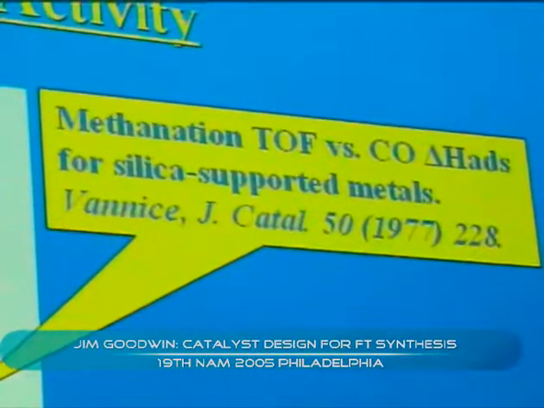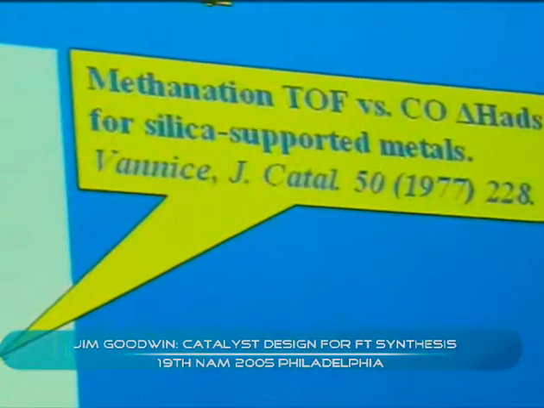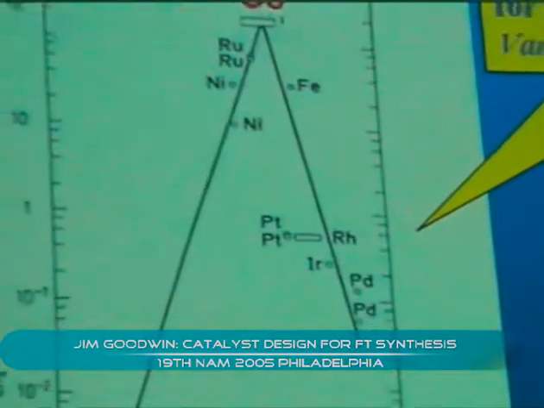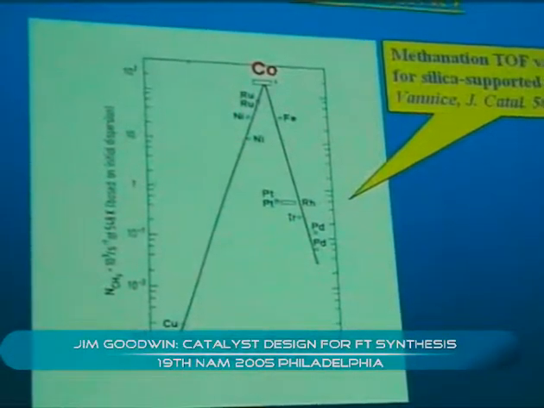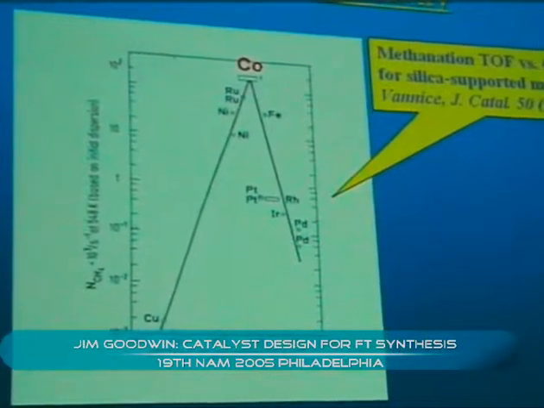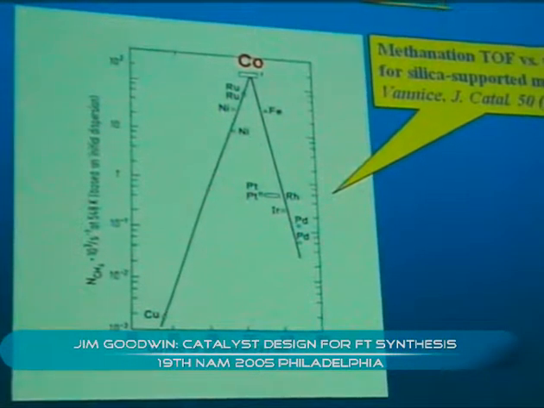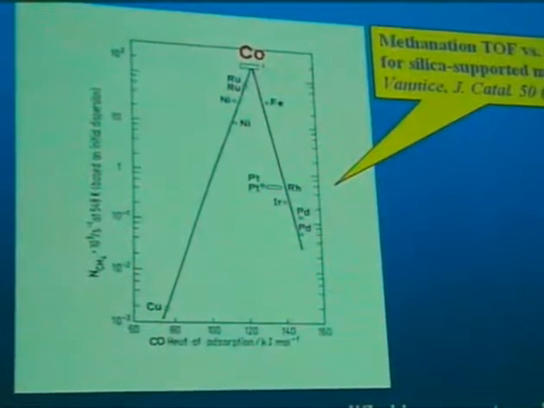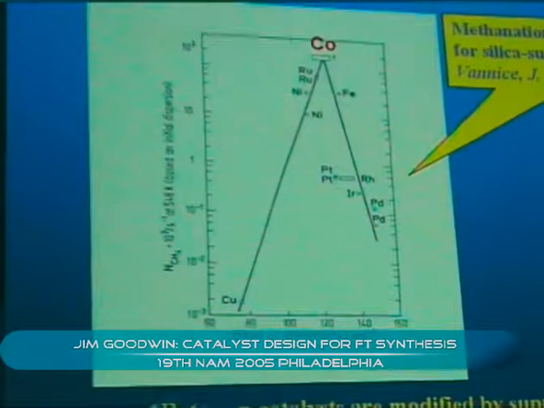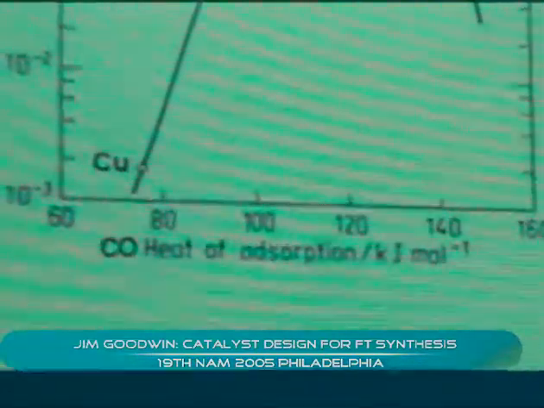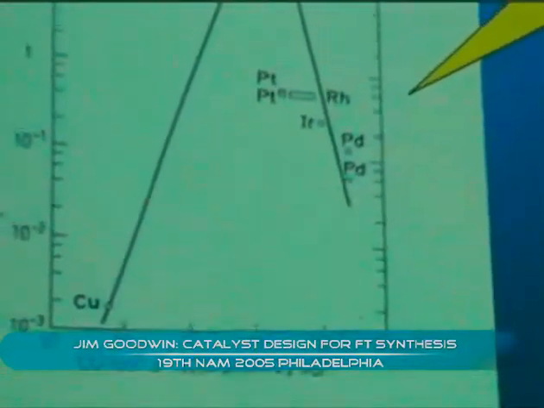And this is from a real classic paper by Al van Nuys, 1977. And sometimes the most classic papers are in some ways with the simplest idea. This is a standard volcano plot, plotting turnover frequency for methanation of all the group 8 metals versus CO heat of adsorption.